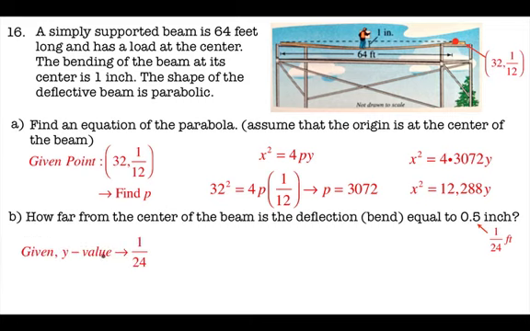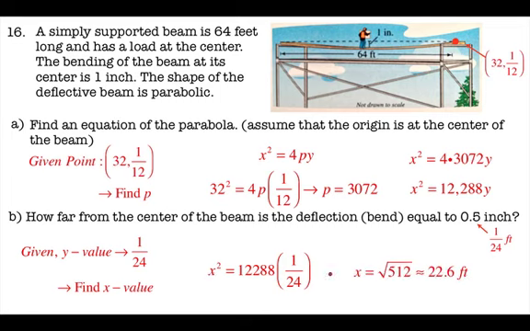So once you understand that this is the y value, all you need to do is find the x value that corresponds to this y value by using the equation in part A, which is right here. Substitute the y value, simplify this, take the square root of 512, and you end up with 22.6 feet.